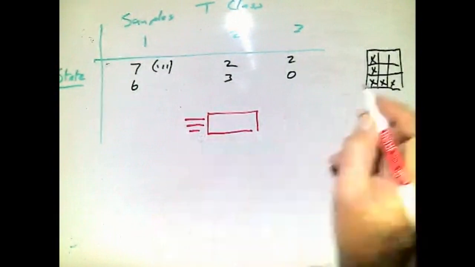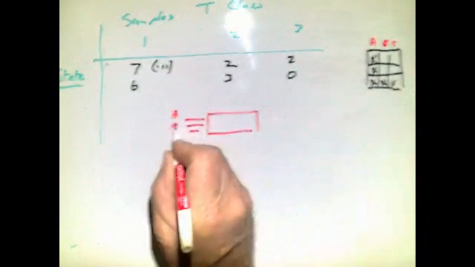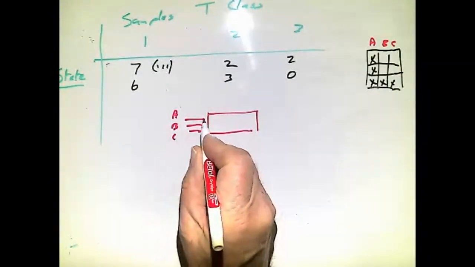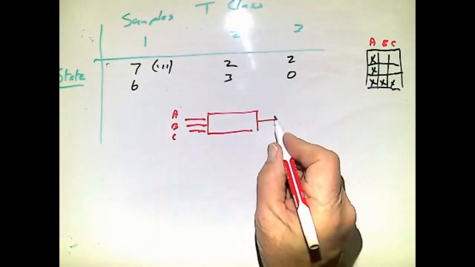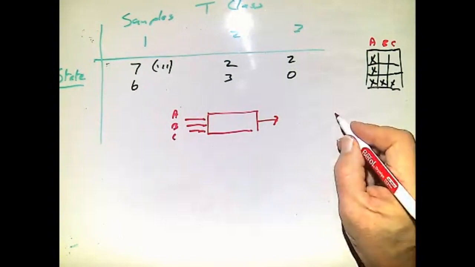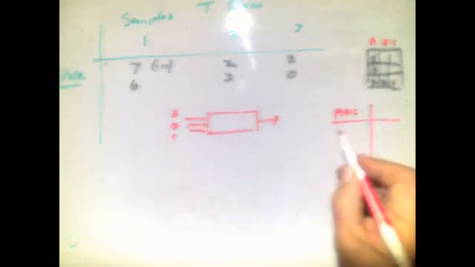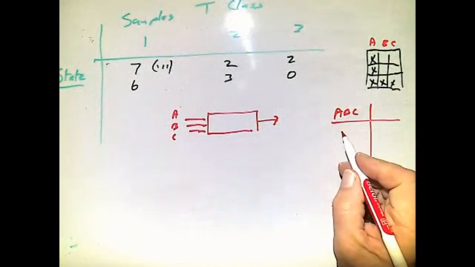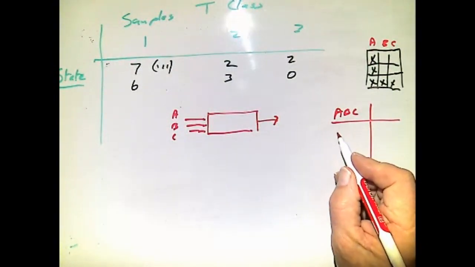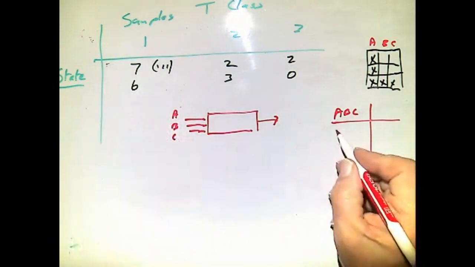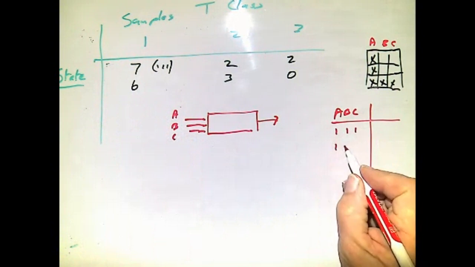with 3 inputs, let's call them A, B, C, and the output is F. And if I have on A, B, C, this is a function here, 7 and 6.